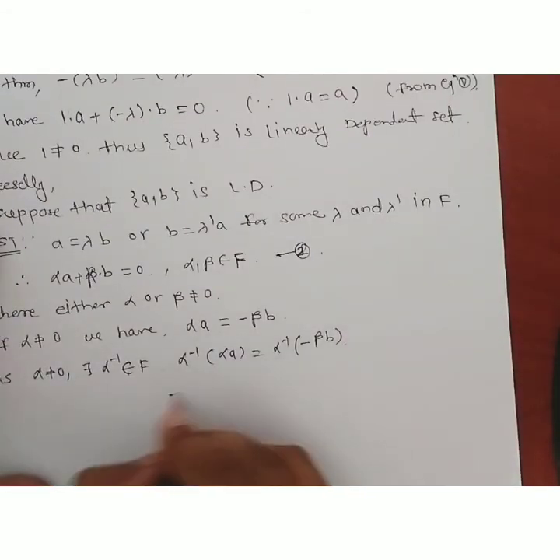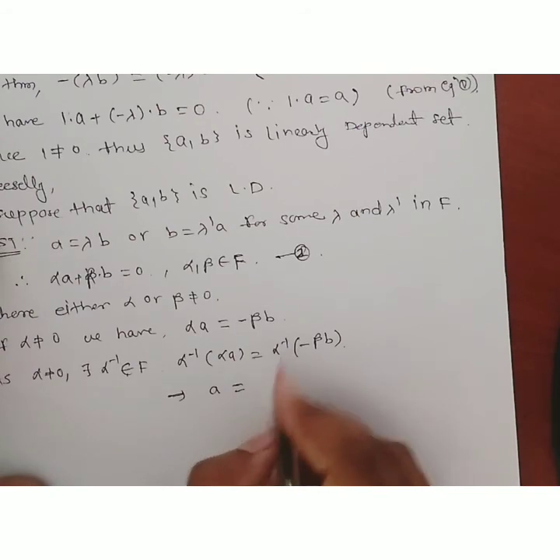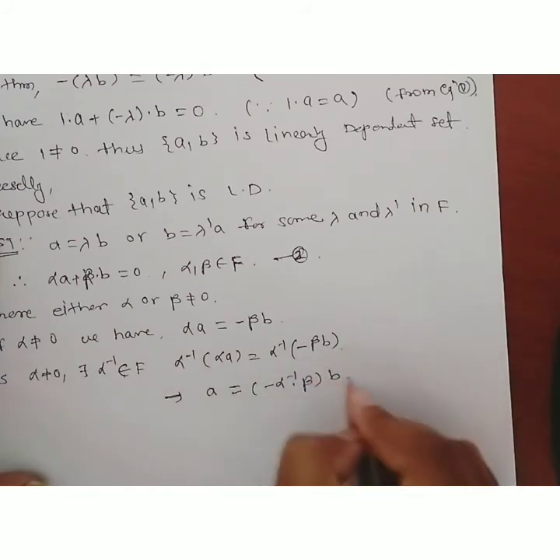Then alpha inverse into alpha becomes 1, therefore a is equal to minus alpha inverse into beta into b.